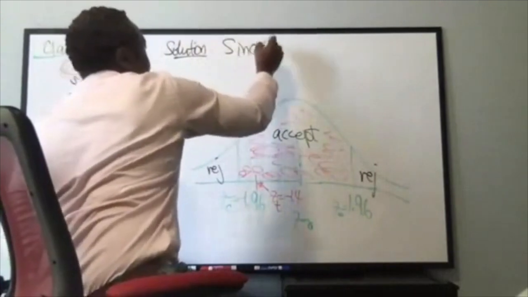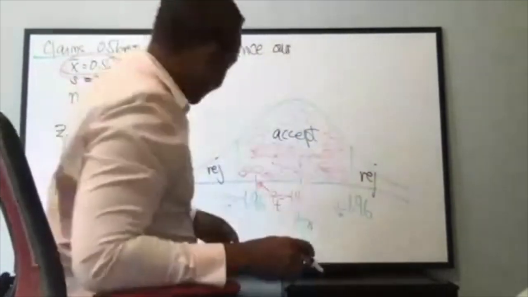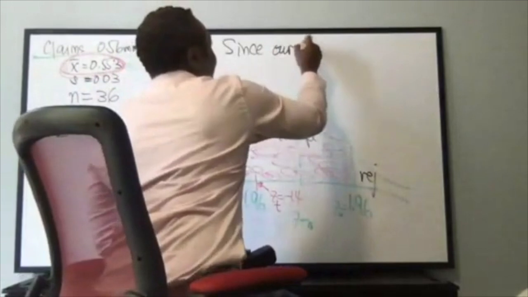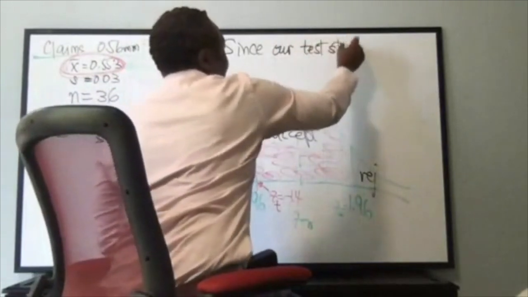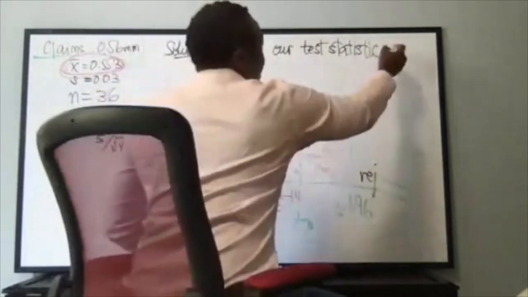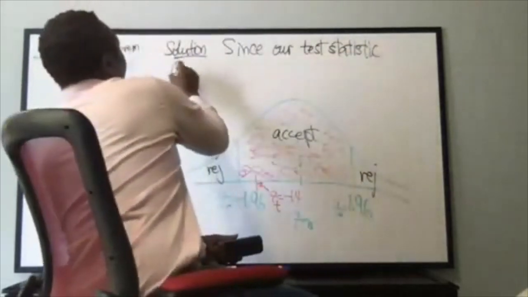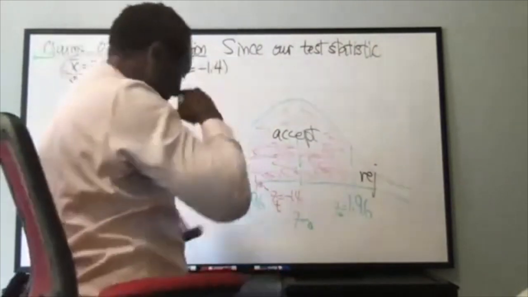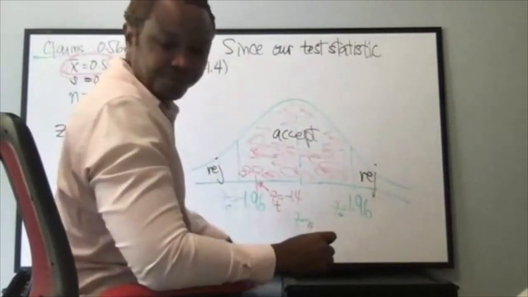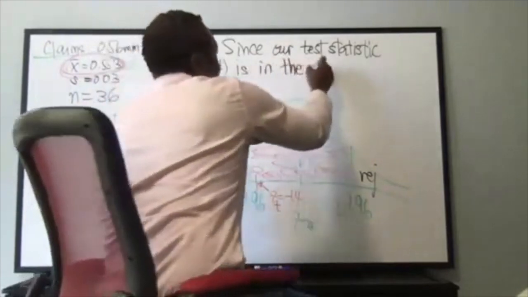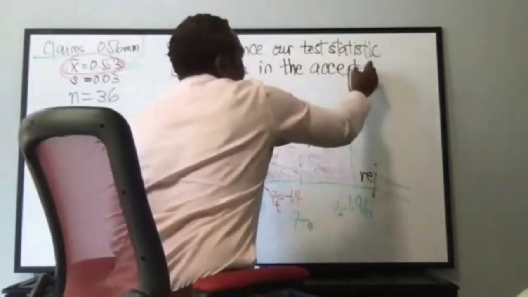Since our test statistic, and I'm going to write what it is, z equals negative 1.4, that was what we just did, is in the acceptance region.